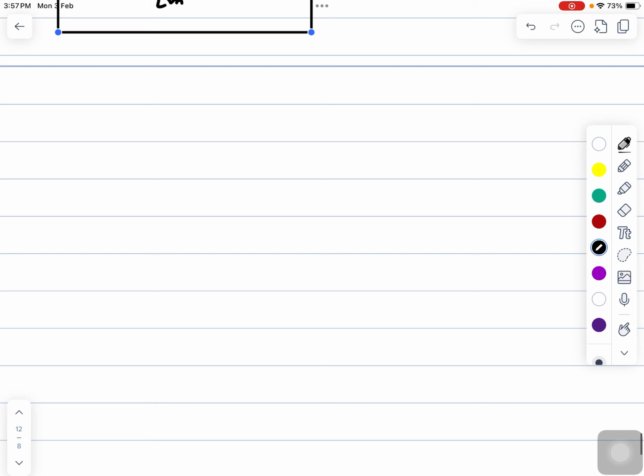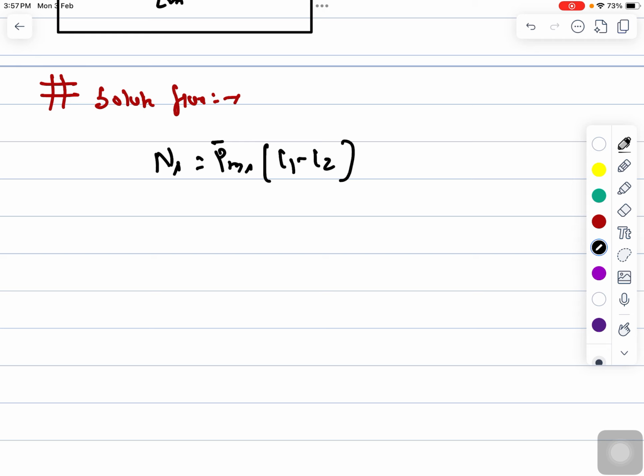Now coming to the next part, the solute flux. How can we write solute flux? The equation of solute flux can be written as NS equals P bar MS into C1 minus C2.